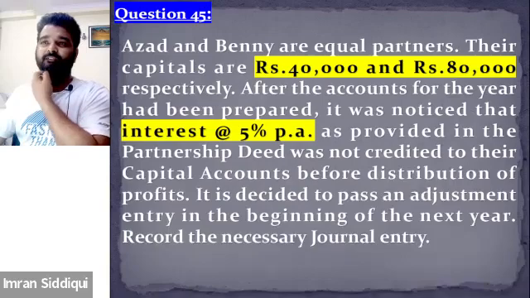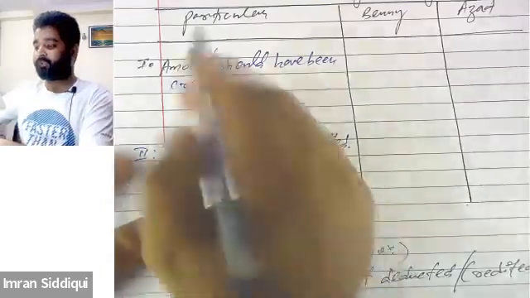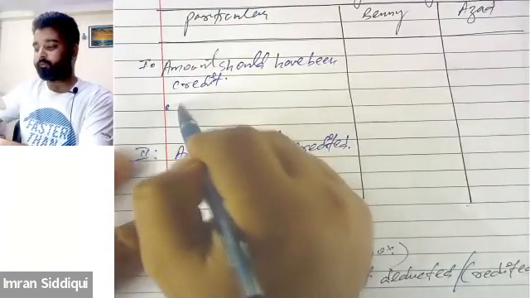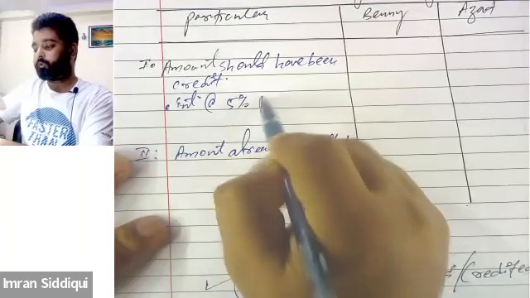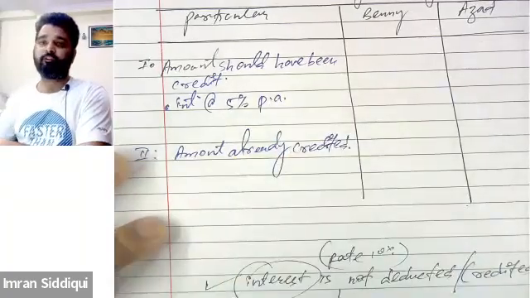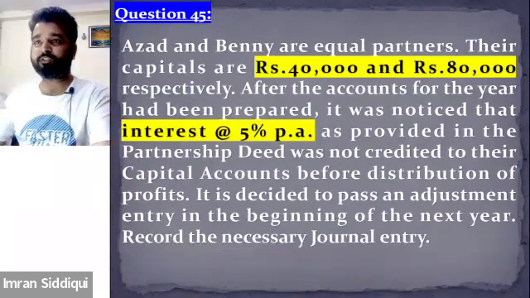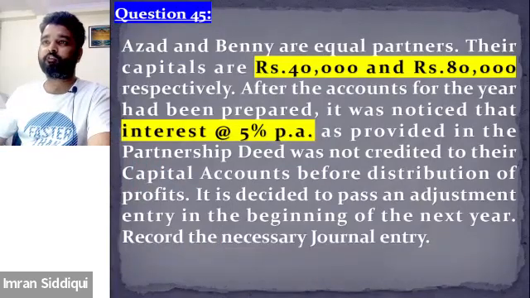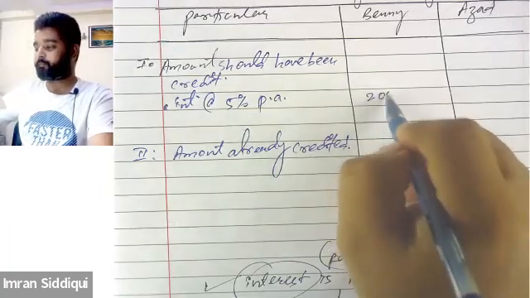Sir, interest at the rate of 5% should have been credited to the partners. So let's write down: interest at the rate of 5% per annum should have been credited. If interest would have been credited, then the amount of interest that must have been given to the partner should be 5% on 40,000. 5% of 40,000 will be 2,000.